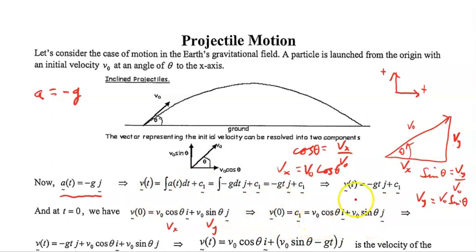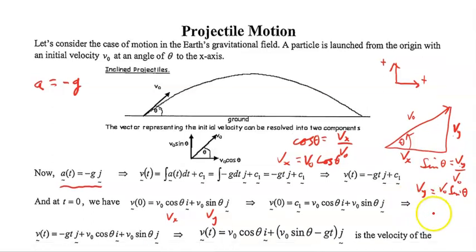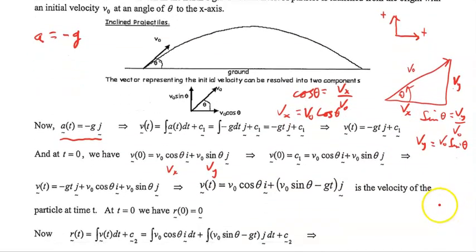So what we're saying is that at t equals 0, minus g times t is 0, so that drops out, and v of 0 is just C1, so C1 is simply this object here. What that means then is that our velocity vector in general, the velocity of the projectile at any time t, is minus gt in the j direction plus v0 times cos theta in the i direction plus v0 times sine theta in the j direction.